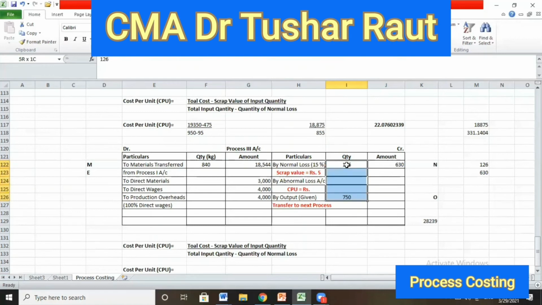Here if we go to tally the quantity column, we will find the credit side is 876, and here 840.